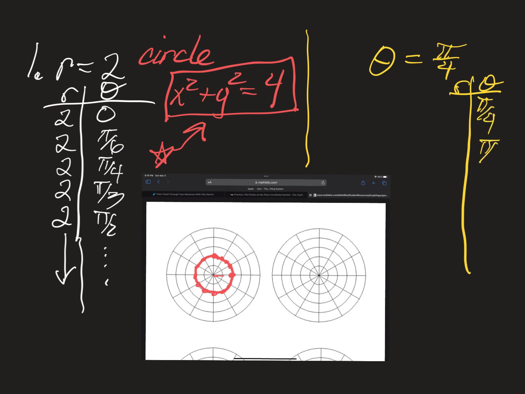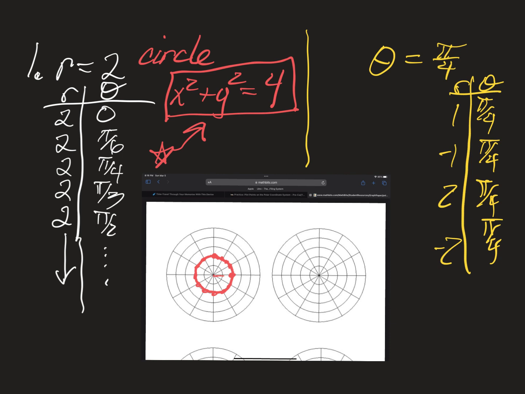It's always the same no matter what radius I pick. So if my radius is 1, -1, 2, -2, no matter what my radius is, my angle is always pi over 4.